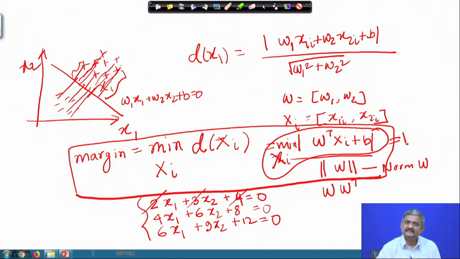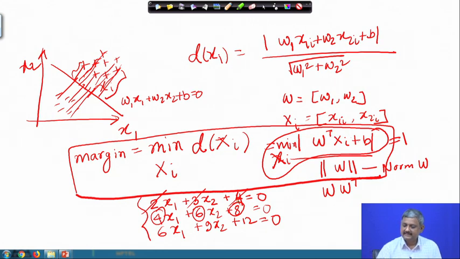This is a critical point, try to understand. It may appear a bit tricky, but you can actually always do that. A very simple thing that we are doing: I can multiply w and b by the same constant and get different values, but they are the same line.